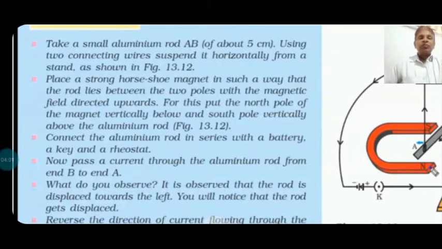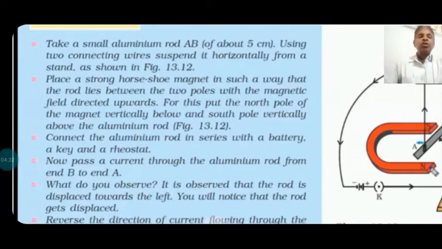The magnetic field produced by the horseshoe magnet is directed upward, from the north pole to the south pole, and the current flows here from B to A. For this, put the north pole of the magnet vertically below and the south pole vertically above the aluminum rod.